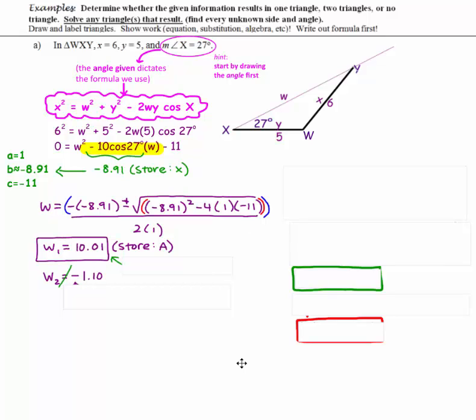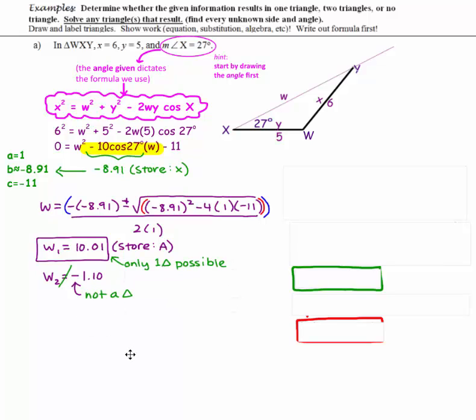Okay, so once you've calculated, you should get 2 values, one 10.01 and the other negative 1.10. And the reason I've crossed this one out is because it's a negative. And remember, we're looking at a length here. And so even though on the coordinate plane we could have negative side lengths, this is an actual triangle, so we can't have a negative length. So that one is going to say not a triangle.